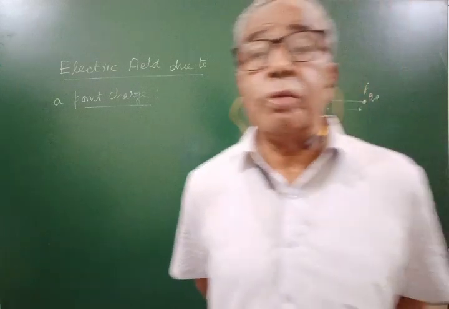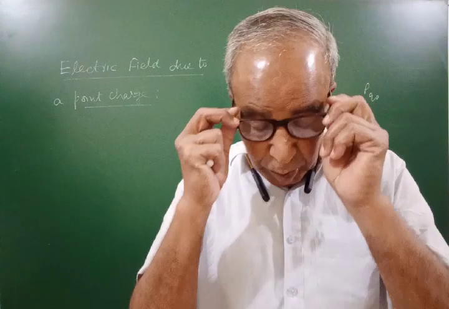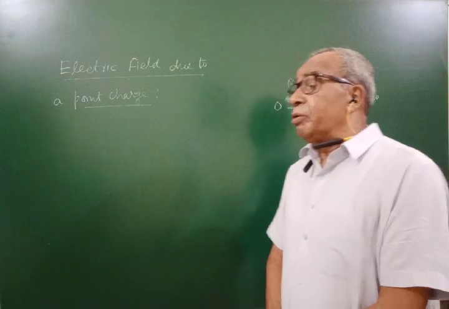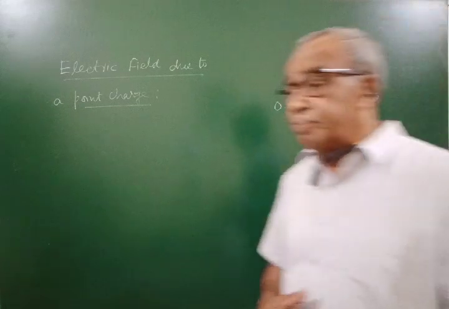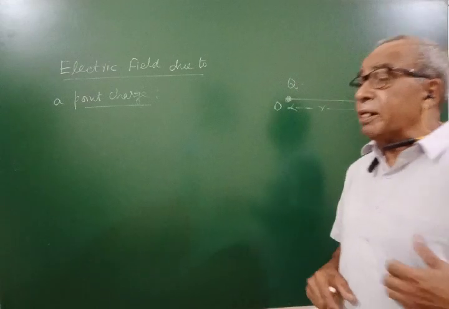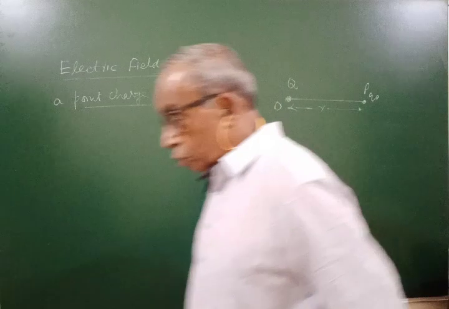For example, you define speed. Speed is defined as distance traveled per unit time. Similarly, the electric field at any point is the force acting on a unit positive charge.